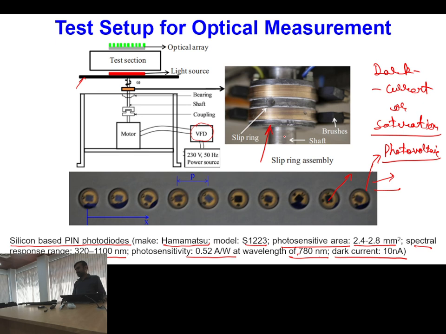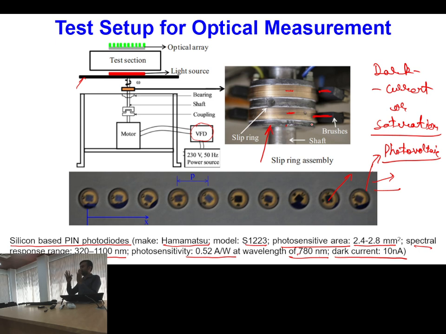A slip ring assembly means on a shaft one rotating ring is placed which has two terminals like this, and these two terminals get power from contacting strips, which are the contact brushes.